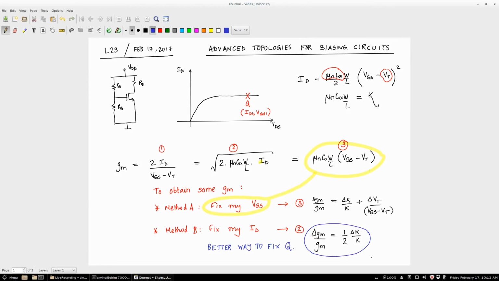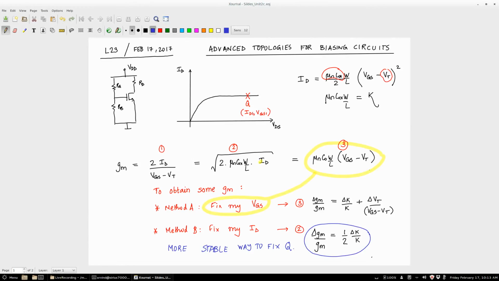Right? Because in this term you have a delta k by k. Here that has become delta k by k by 2. Plus there is other variation. So this is definitely going to be less than that. Correct? So what I am saying is, if you can come up with a topology wherein you use the current to fix the operating point instead of the voltage to fix the operating point, it is better.